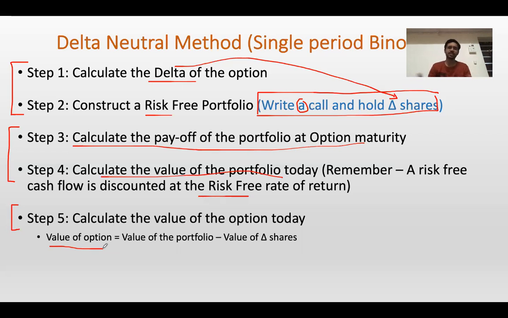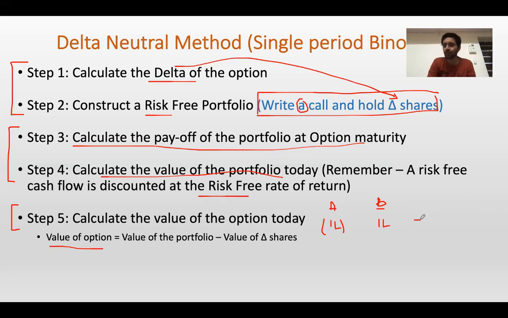So for instance, if I step back, let's say you have two stocks, stock A and stock B. You have bought stock A, meaning you have paid cash today, and you have short sold stock B, wherein you have received 1 lakh.